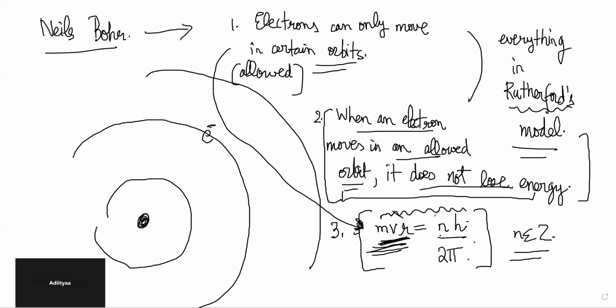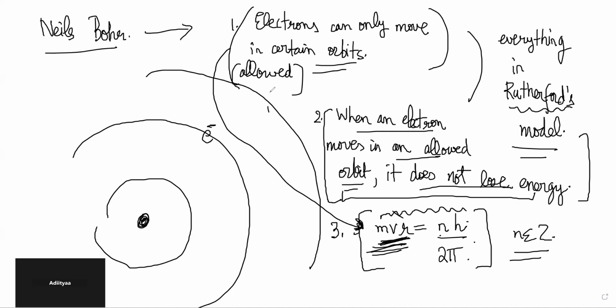Do you understand what I'm saying? Otherwise it feels like you are saying the same thing as Rutherford, that let's not worry about Maxwell's laws for a moment, right? But he has not just said that, he has also said something special, that only those orbits are allowed where mvr is equal to nh by 2 pi, right?